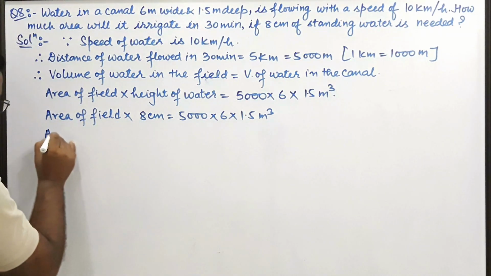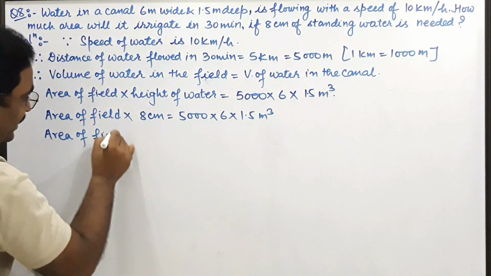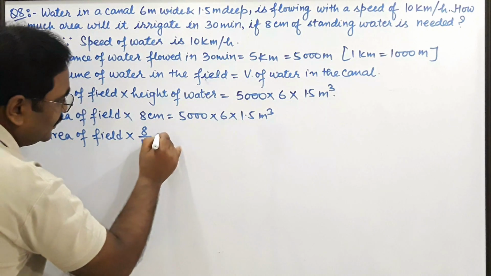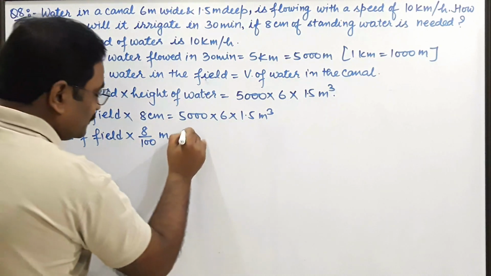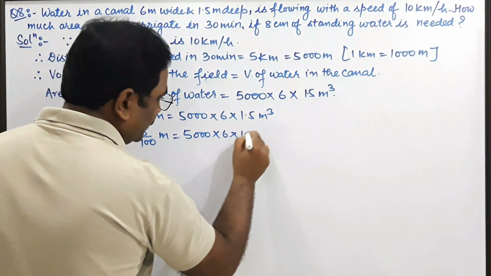So area of field which is going to be irrigated multiplied by 8 upon 100 meter is equals to 5000 into 6 into 1.5 meter cube.